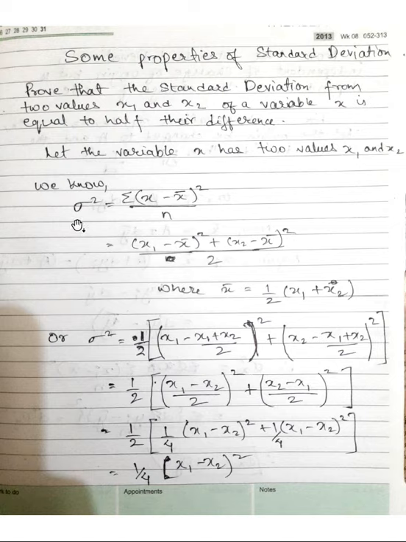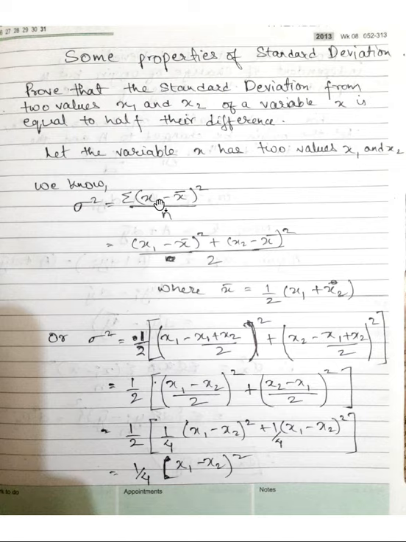If we need to find the standard deviation from the variance, we just need to put an under root sign here. So according to the formula, it is equal to summation x minus x bar whole square divided by n, where x bar is the average of the two observations x1 and x2.